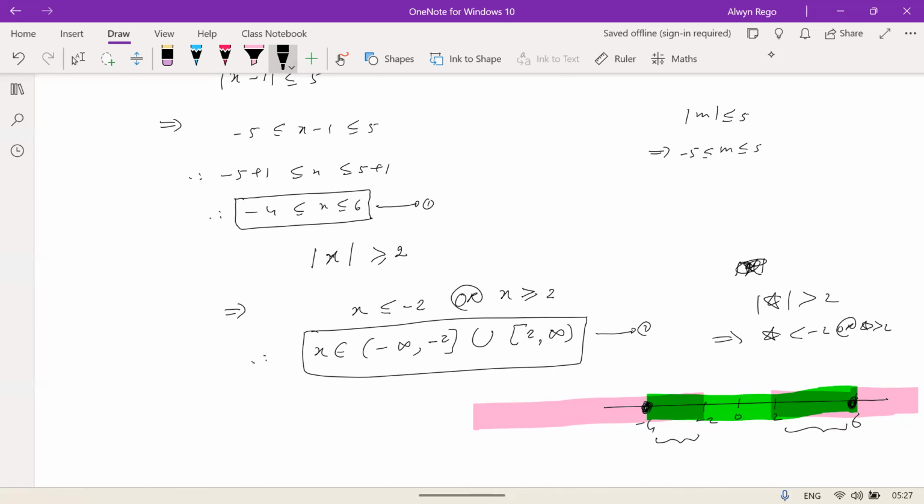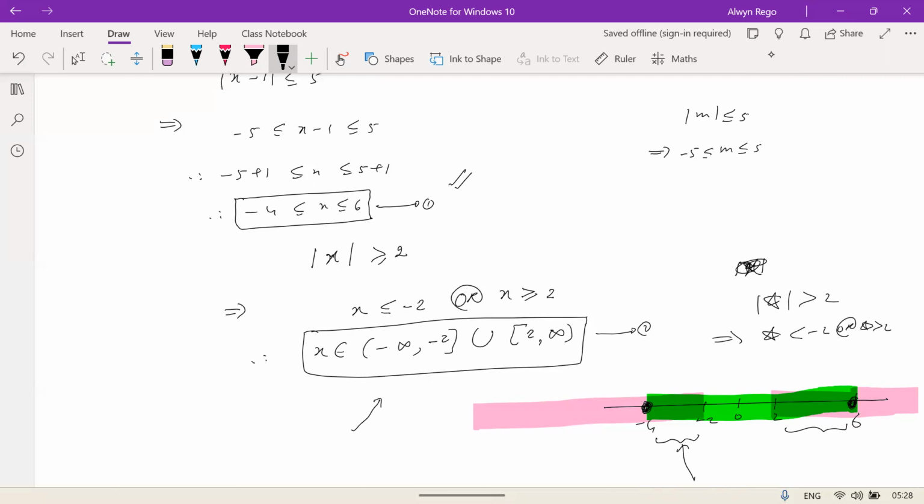So those values of x satisfy both inequalities. Supposing you pick -3 here, that -3 will satisfy the first one, because -3 is more than -4 and less than 6, and it satisfies the second one also, because -3 belongs to -infinity to -2, the first part.